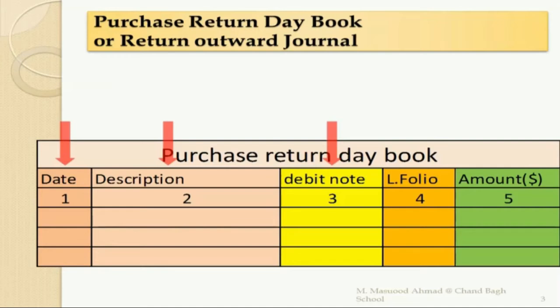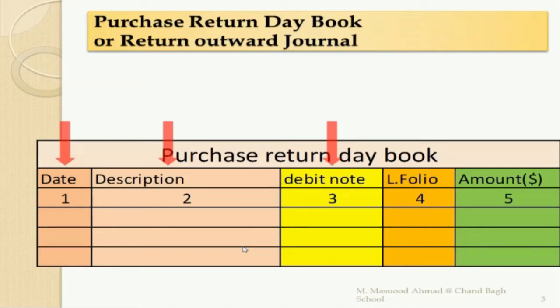Dear students, please note down the difference between the Purchase Day Book and the Purchase Return Day Book. In the Purchase Day Book, the third column was used for the purchase invoice number, whereas the third column here is used for the source document, that is the debit note.